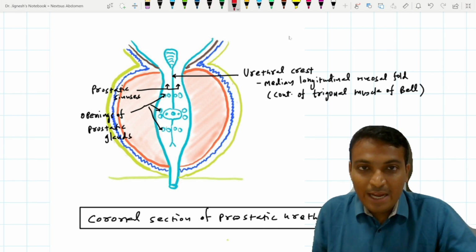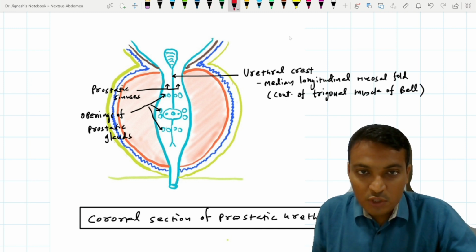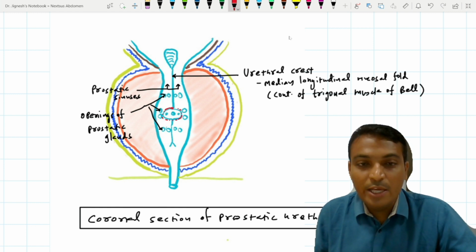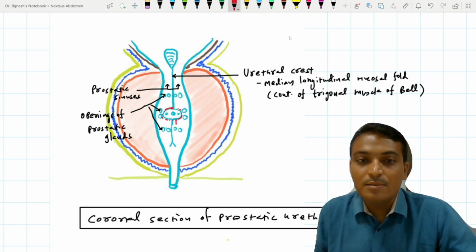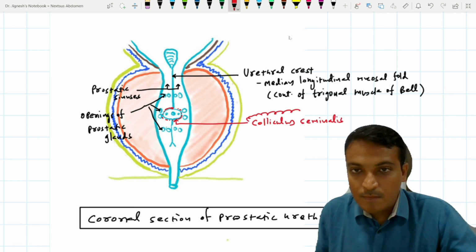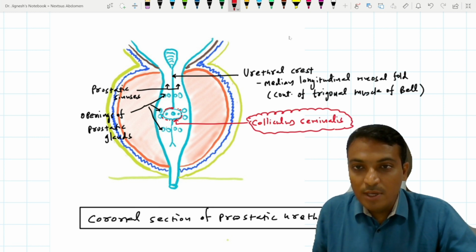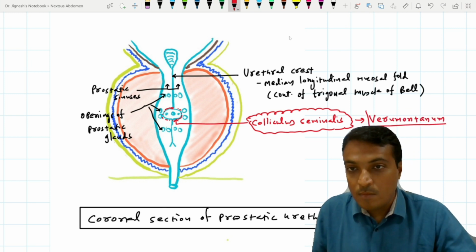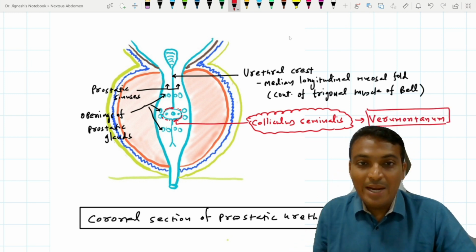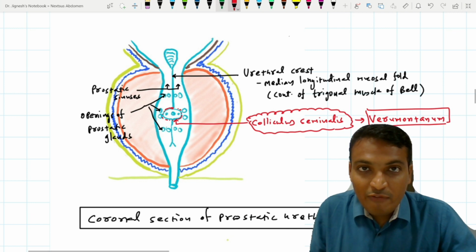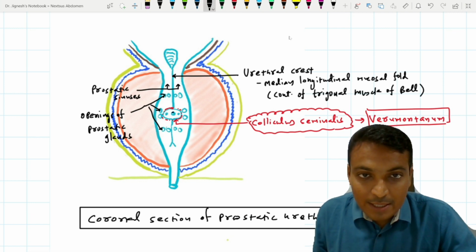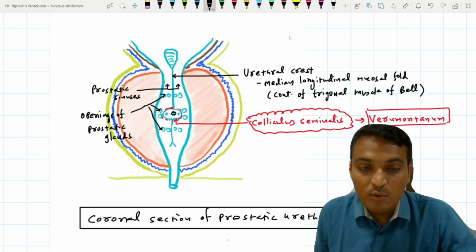Within the midline, in the line of this urethral crest, we find an elevation called the colliculus seminalis. The other name of the colliculus seminalis is the verumontanum. Within the colliculus seminalis in the midline, we find one larger opening, the opening for the prostatic utricle, as we have discussed.